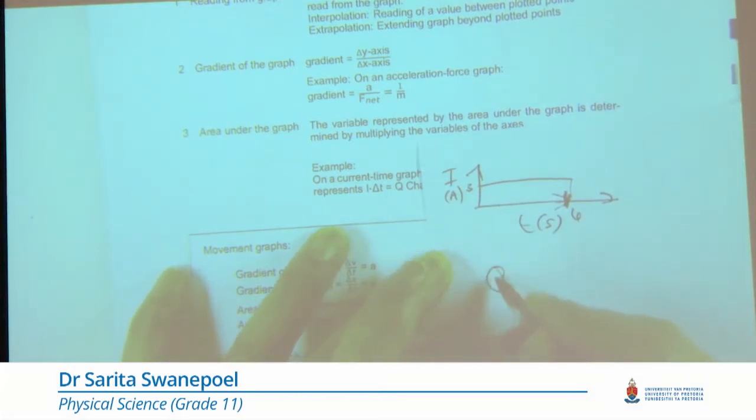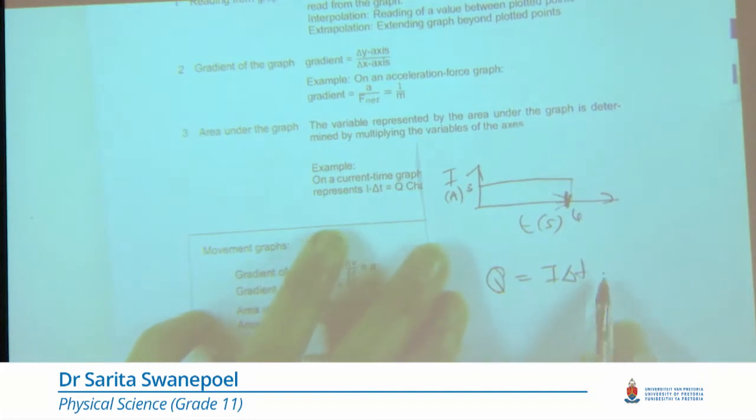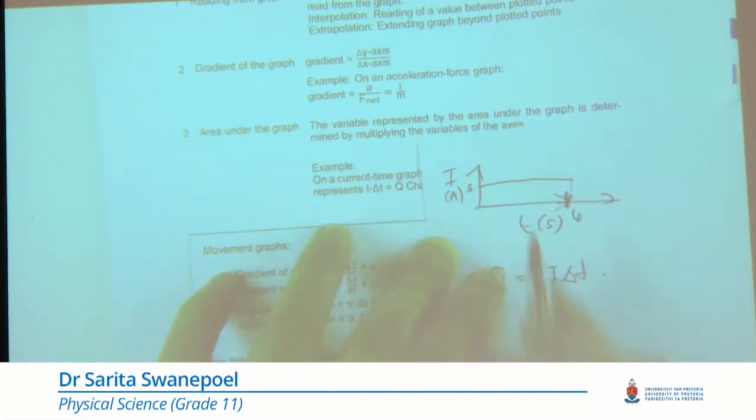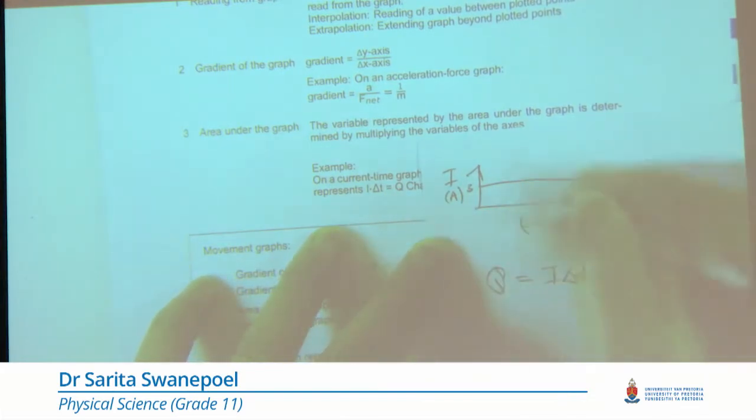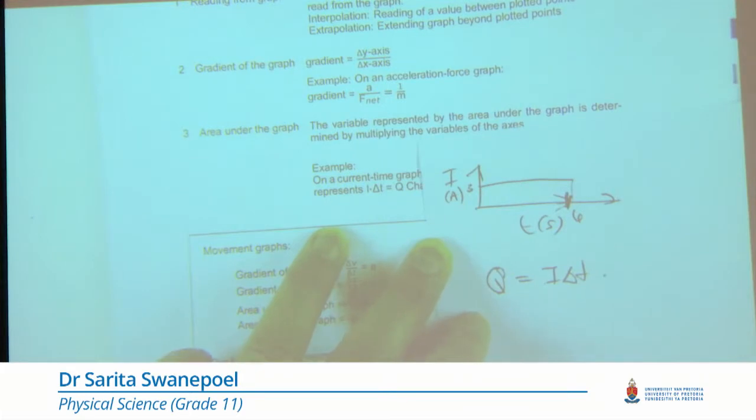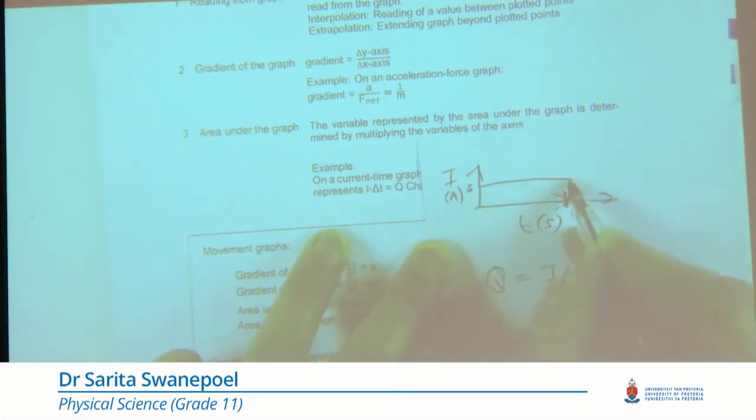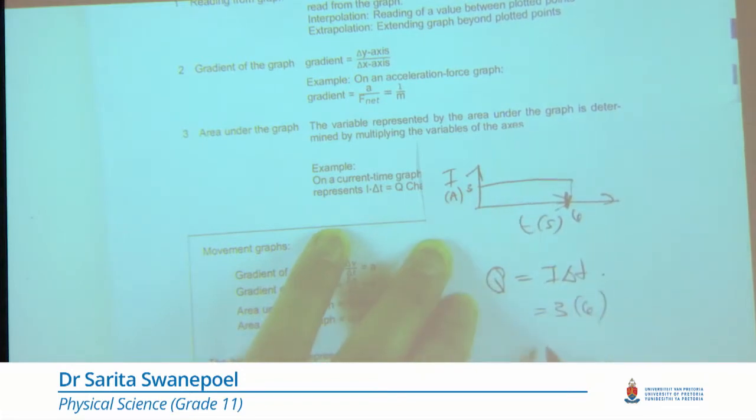Q. Q equals I delta T. So, if you look at Q equals I delta T, there, nothing was kept constant. They chose to have the current like this. Now they're asking us from there, work out how much charge passed. The charge that passed would have been 3 amps for 6 seconds, giving you 18 coulombs.